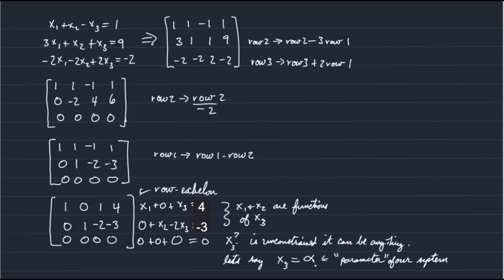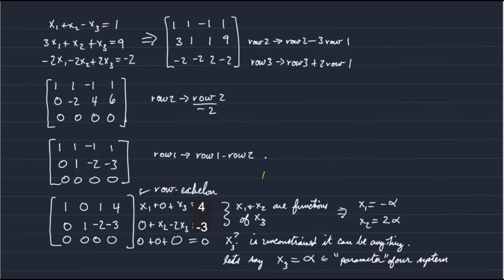And that parameter is represented by alpha. And when we do that, we see that x1 is equal to minus x3, which is minus alpha, and x2 is equal to 2 times our parameter alpha.